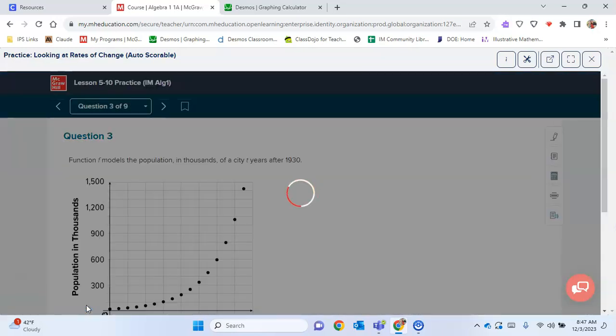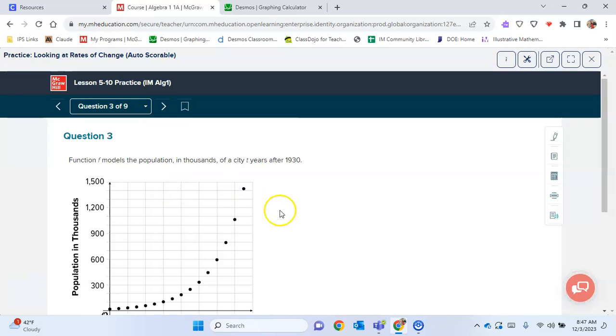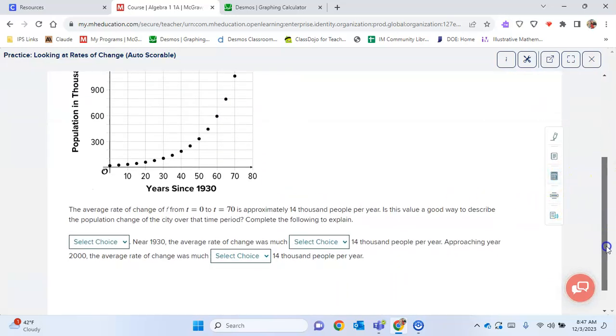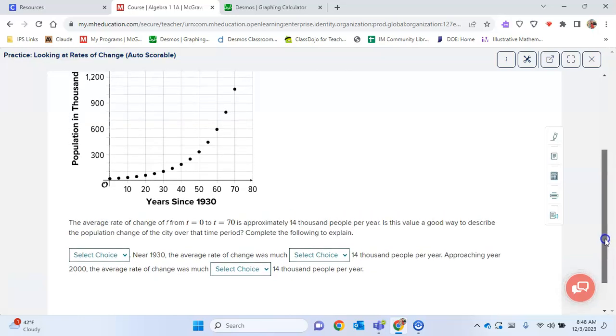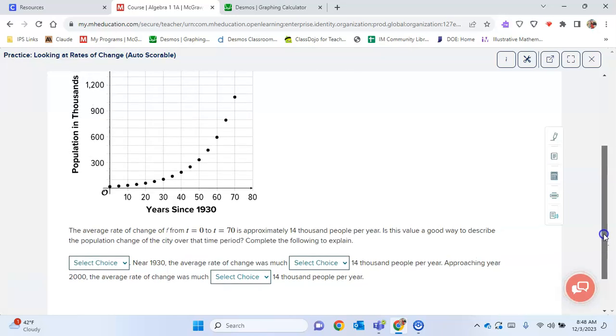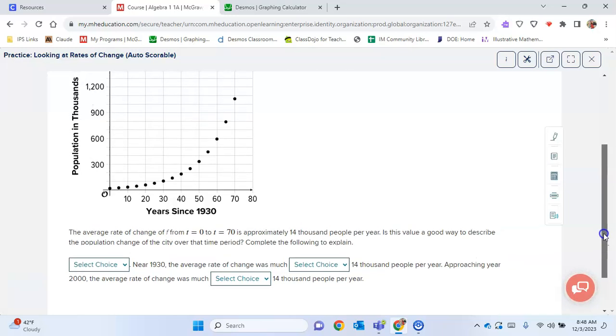Question 3. Function f models the population in thousands of a city t years after 1930. The average rate of change from t equals 0 to 70 is approximately 14,000 people per year.